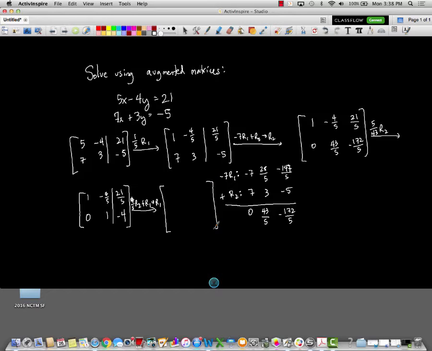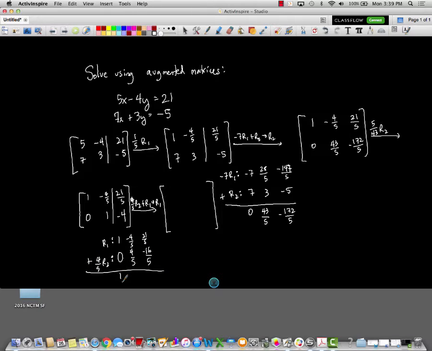So the elimination work I'm going to do down here. So 4/5 times row 2 would be 0, 4/5, and -16/5. And then row 1 was 1, -4/5, and 21/5. And I'm going to add these two things together.